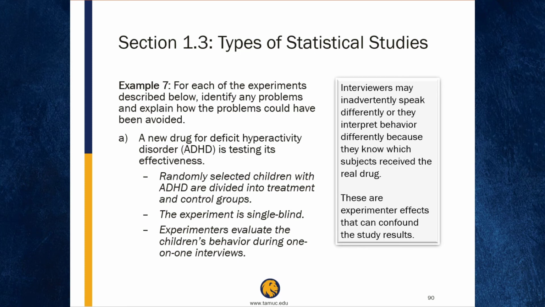The experimenter effects could confound the results because the experimenters could be influenced by what they know. So this one probably should be double-blind, so that neither the participants nor the experimenters know who's getting the treatment and who is not.